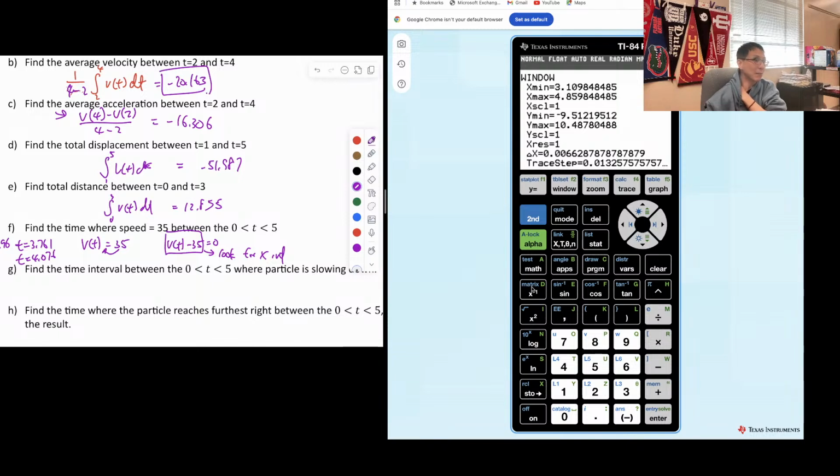Well, sometimes it can be a triangle, but this time it's not, because this graph is curvy. If it's a straight line, then there will be a triangle. Instead of going down like this, it will go up like this. But it's not in this case because it's not a straight line. Does that make sense? Okay, so I'm gonna zoom out for this bit.